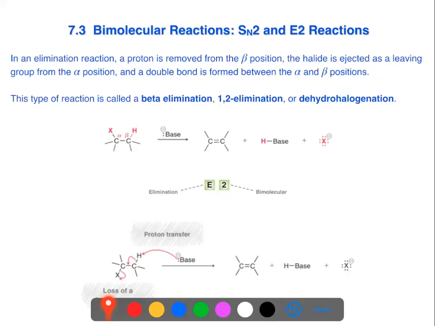So again, in the transition state, there are two molecules that are involved in that transition state, the base as well as the substrate. And so again, you can see our arrow pushing pattern for the E2. Base is going to remove a hydrogen as a proton from the beta carbon. The electrons of this carbon-hydrogen bond as shown, they will become the new pi bond, the electrons of the pi bond between the alpha and the beta carbon, and the carbon leaving group bond will break.